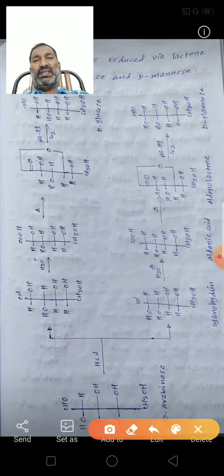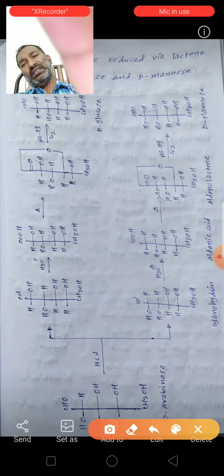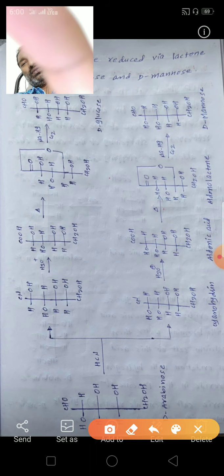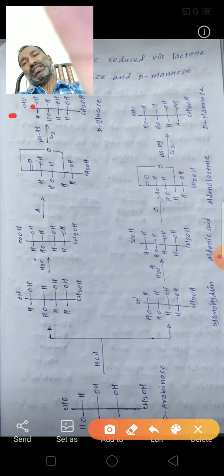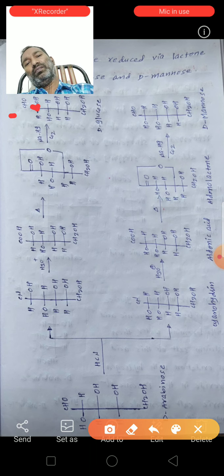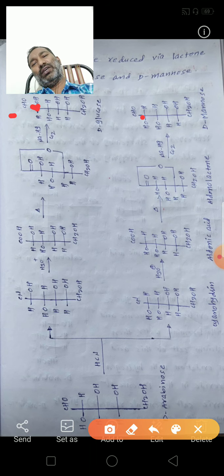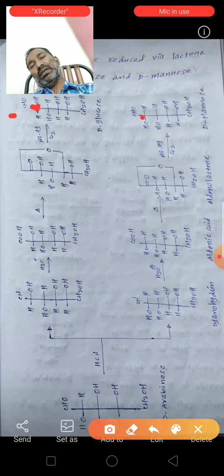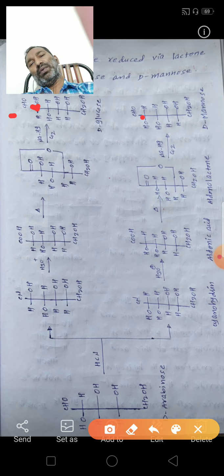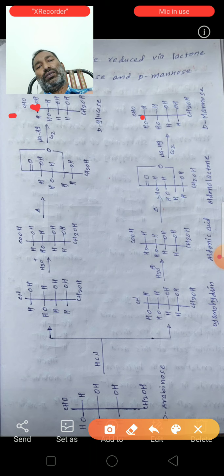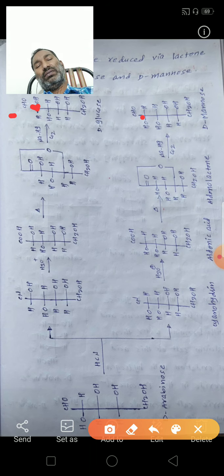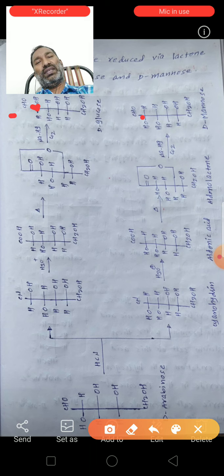In D-glucose and D-mannose, the aldehyde group is the first carbon, and here is the second carbon. In D-glucose, at the second carbon, OH is on the right side and H is on the left side. In D-mannose, at the second carbon, H is on the right side and OH is on the left side.